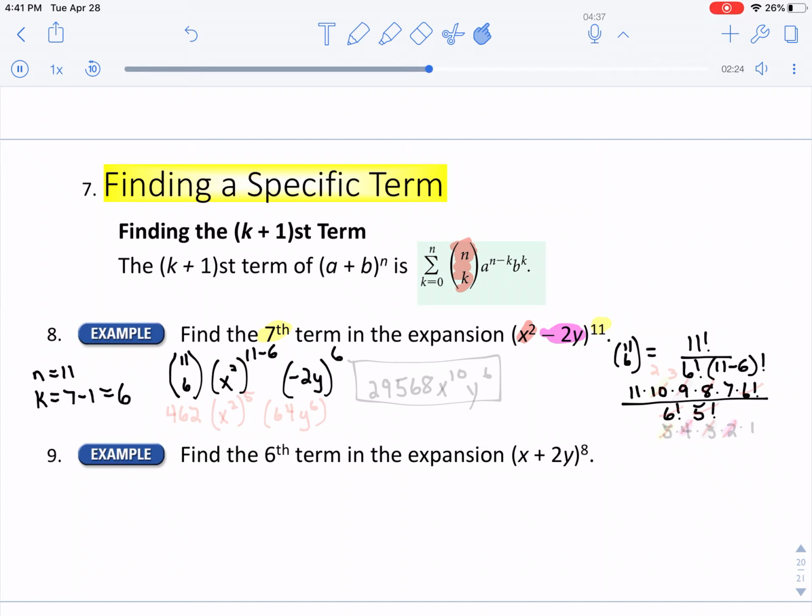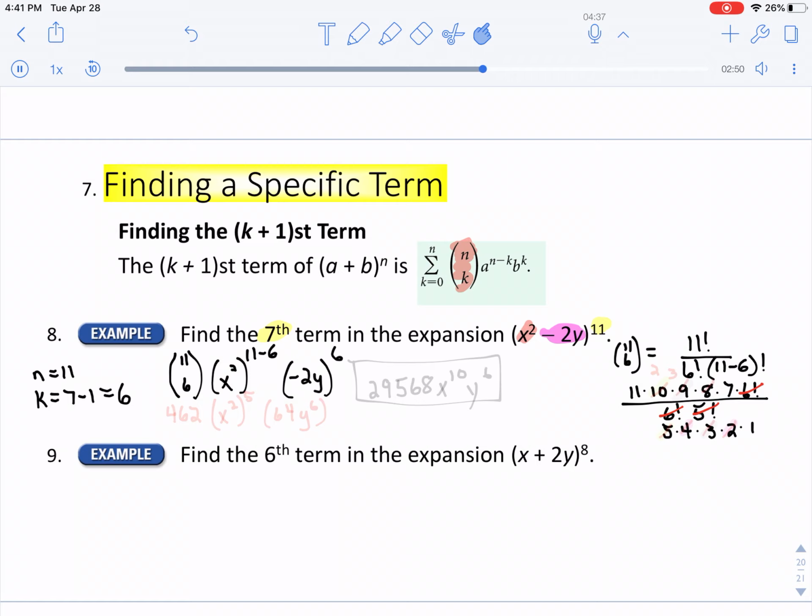Now the next part is just reducing. First, I can reduce the 6 factorial and the 6 factorial. Then I'm going to rewrite 5 factorial as 5 times 4 times 3 times 2 times 1.